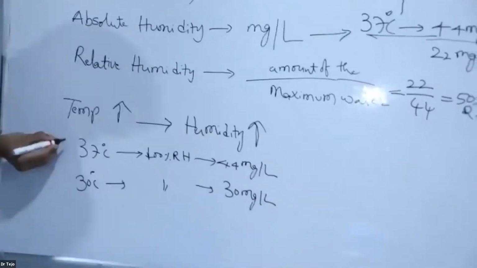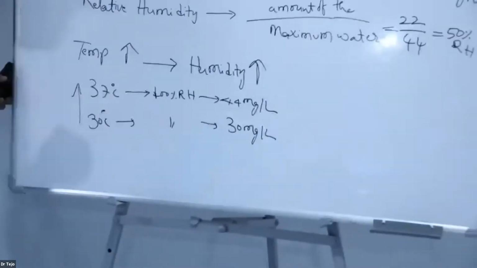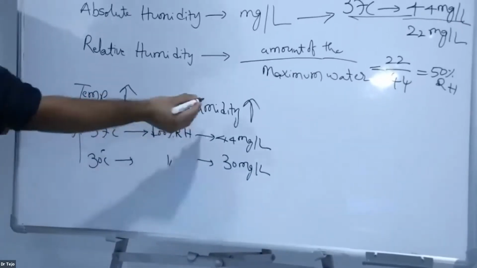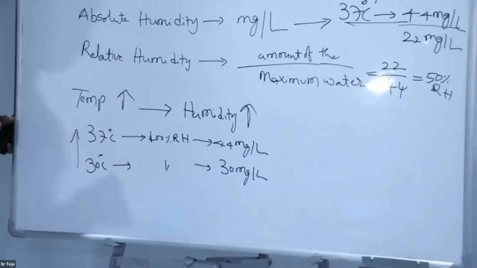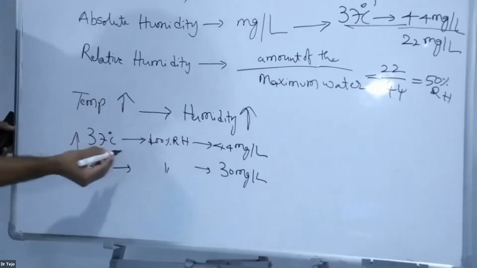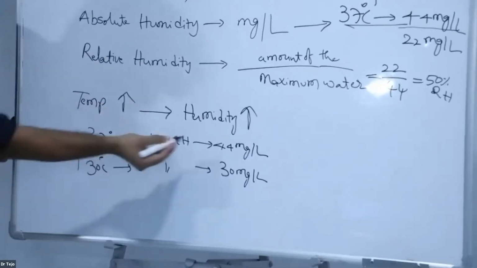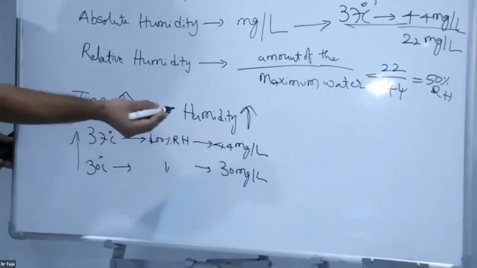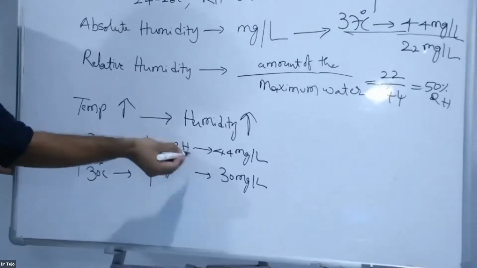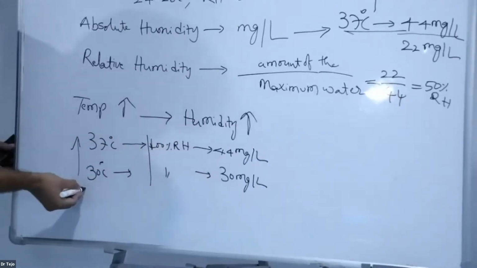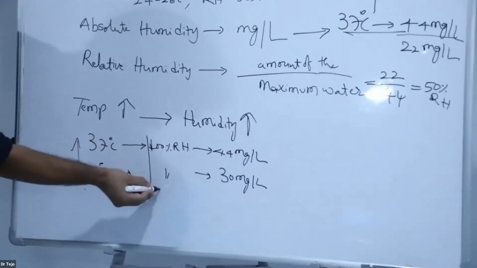So as the temperature increases, the ability to hold the water vapor increases. So here, as the temperature increases, the water vapor content is increasing. But the relative humidity is the same, because it can hold only 30 mg per liter at 30 degrees centigrade. So it is 100% relative humidity here.